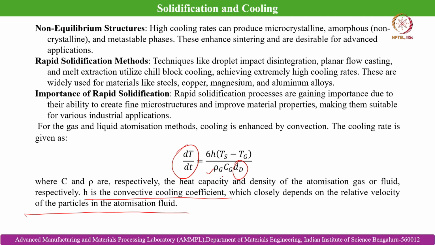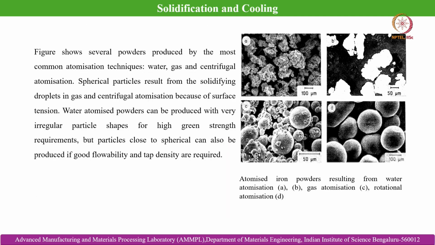Ts and Tg are of course the melt temperature and the atomizing gas temperature, used as the fluidization media. Then these are the typical comparison of the shape morphology of the typical powder particles which are produced by different atomization techniques.